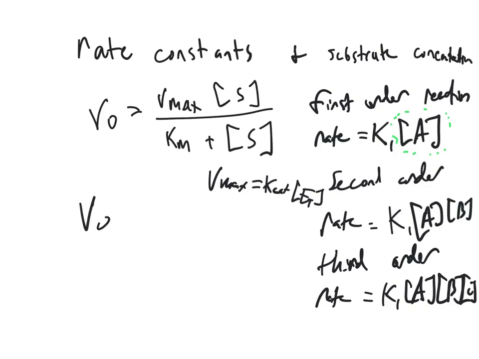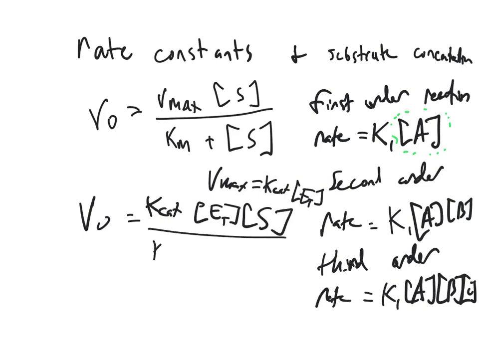And that gives us a Michaelis-Menten equation which is very complicated. So you have a lot of different components here. It doesn't really behave like any of these first order, second order, or third order equations because you have two different constants, one on top, one on bottom, and then these three different substrate concentrations here.